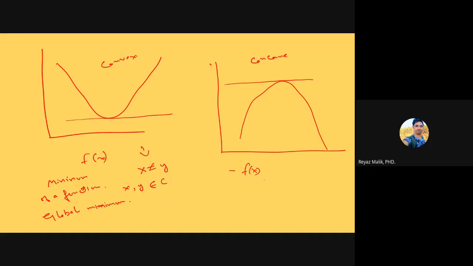Then how will a concave function be interpreted? It will be the maximum of a function, or can also be the global maximum. That interpretation I have given you already, when we will call it local and when we will call it global. Fine.